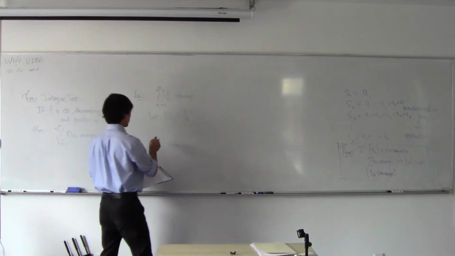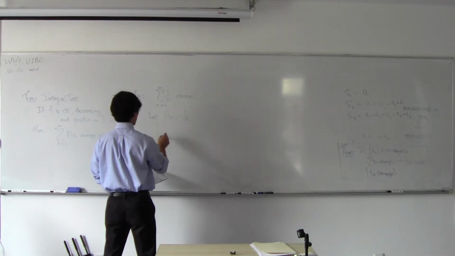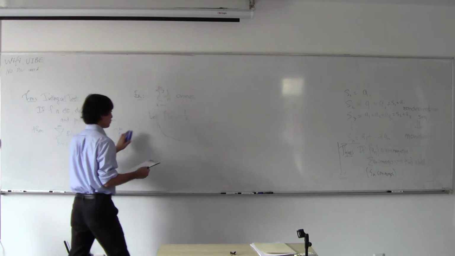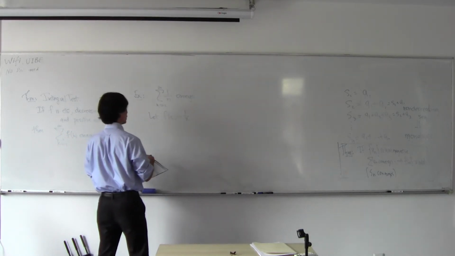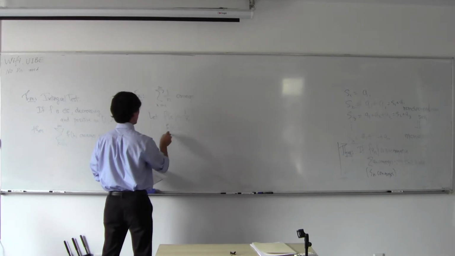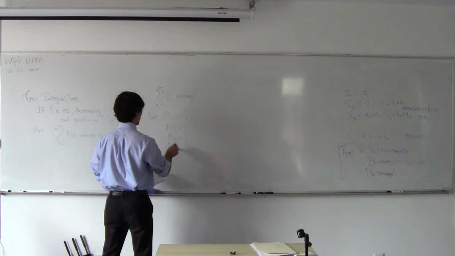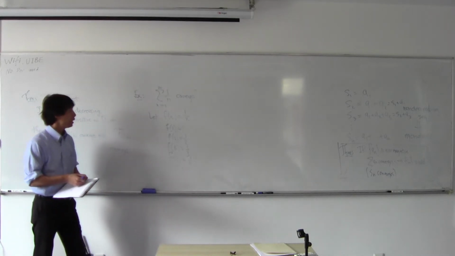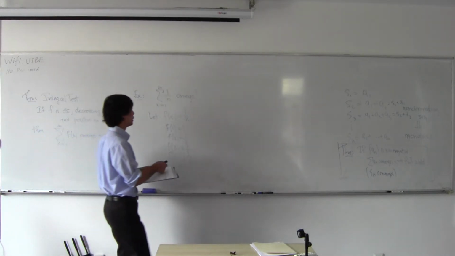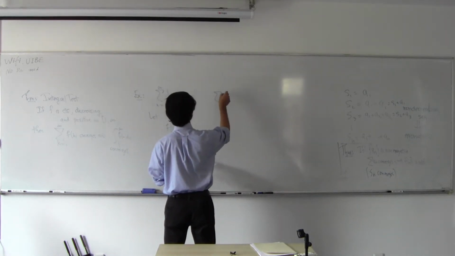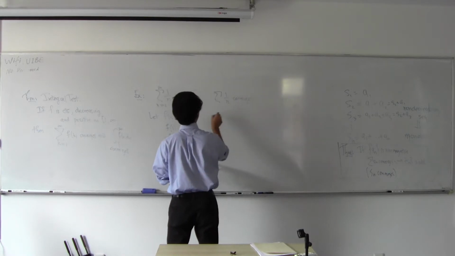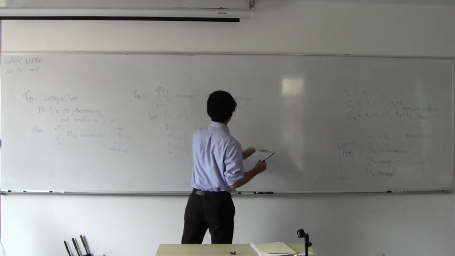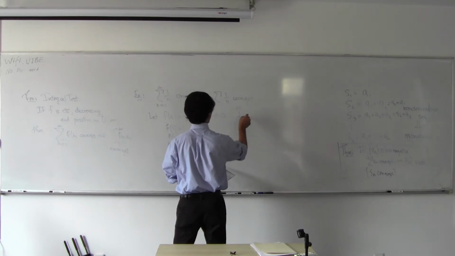What you see is that f at 1 is 1, f at 2 is 1 over 2, f at 3 is 1 over 3, f at 4 is 1 over 4, etc. And so what the theorem says is that this converges if and only if the improper integral converges.